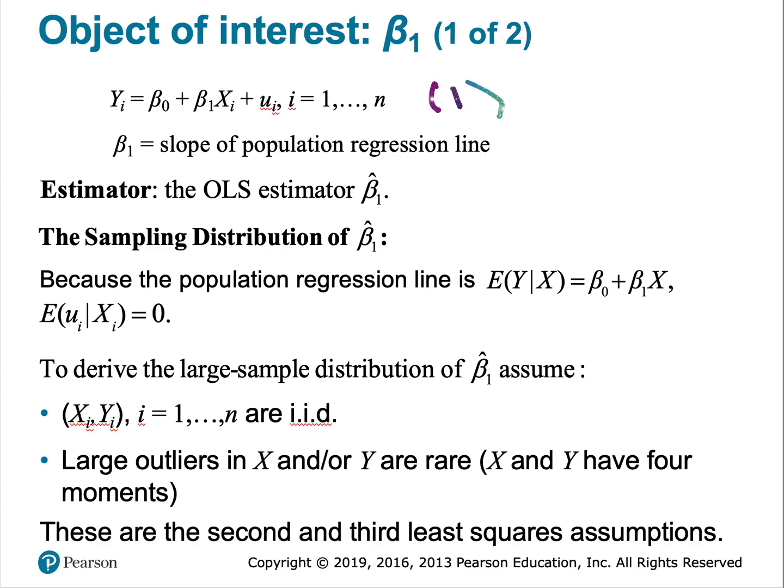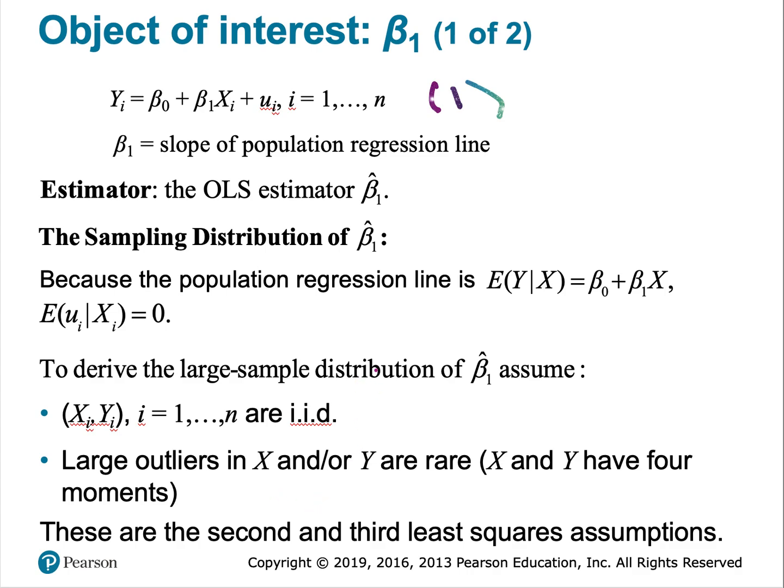Because the population regression line is given by the expectation of y given x is beta naught plus beta 1 times x, and the expected value of ui given xi is 0, we can derive the large sample distribution of beta 1 hat assuming that the observations xi, yi, for i equals 1 through n, are independently and identically distributed, and that large outliers in x and/or y are rare.